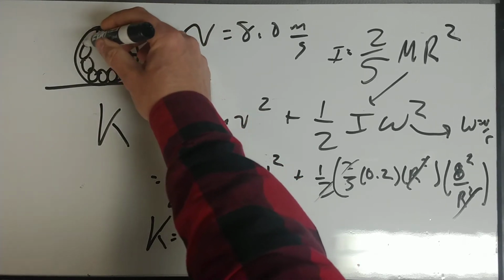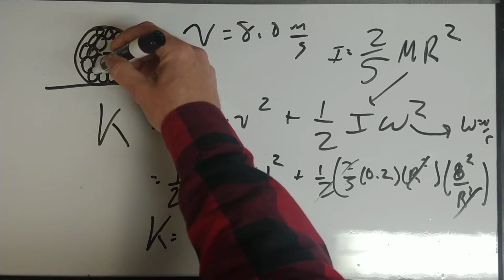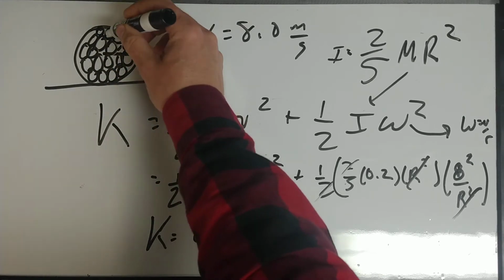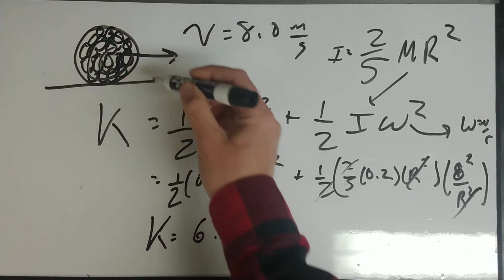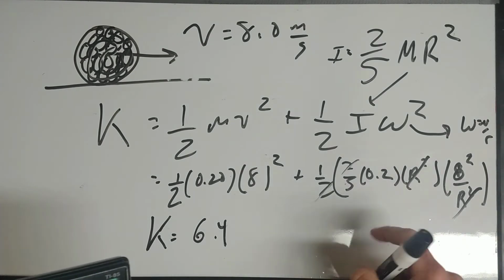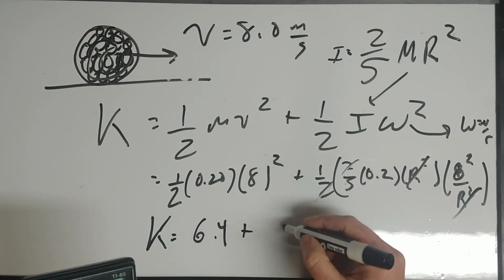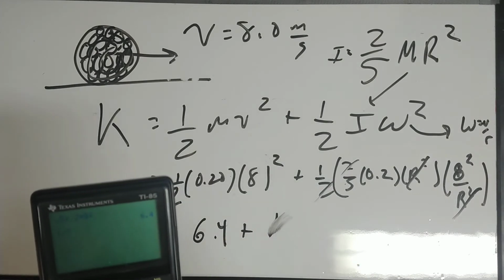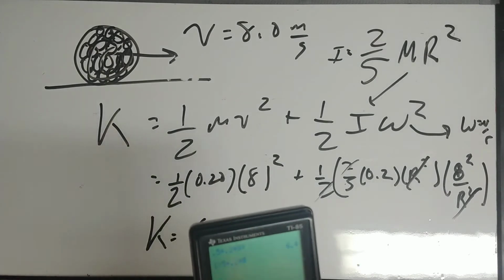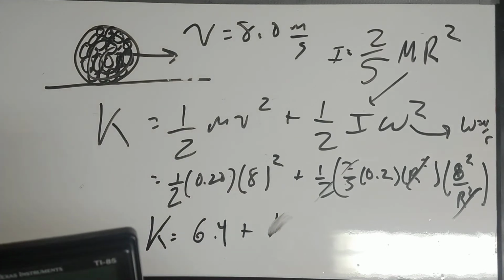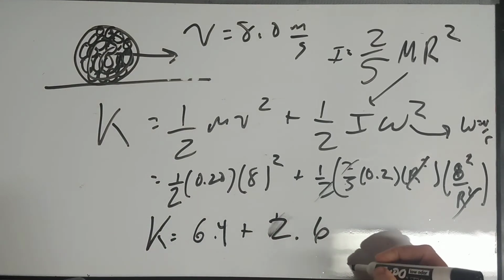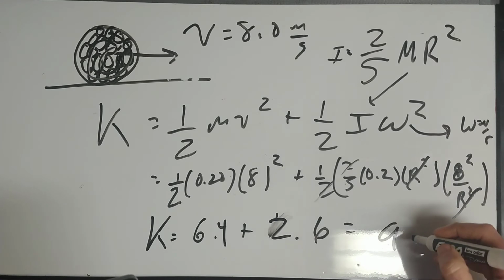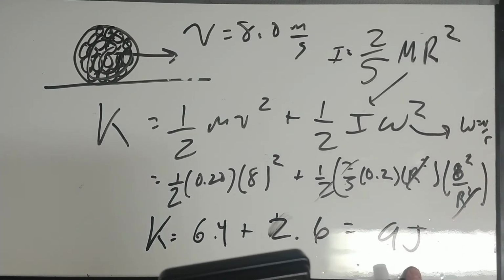Those molecules are moving forward together at 8 meters per second while they're all moving in a circle also. So let's add the circular motion component here now. So it ends up being 1 divided by 5 times 0.2 times 8 squared is 2.6 joules, giving us a total of 9 joules of kinetic energy.